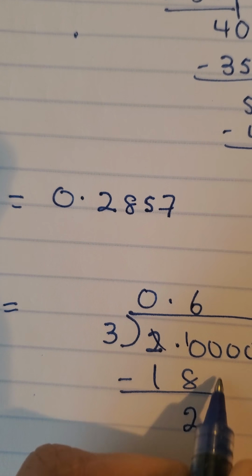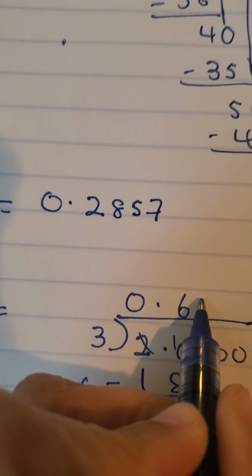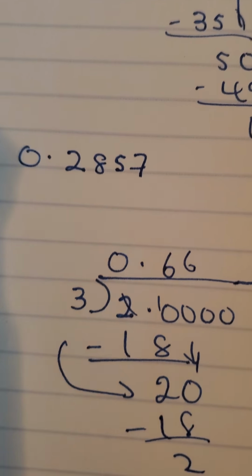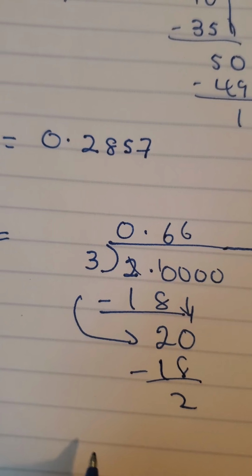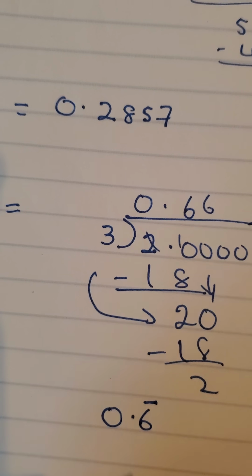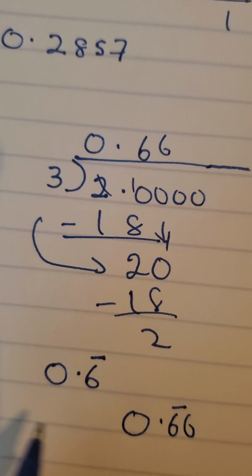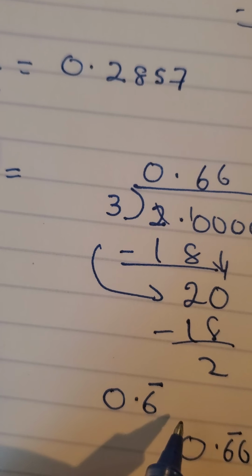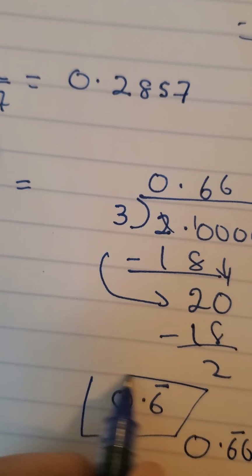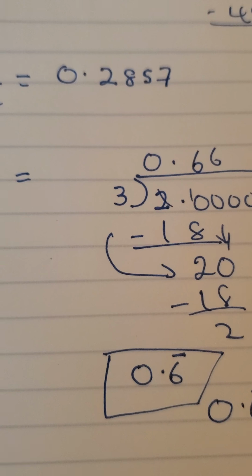When I subtract, I have a remainder of 2. See what's happening there? 6, 18. Once you recognize that this is going to be recurring, you don't have to go any further. It's going to be 0.6 bar. Don't be tempted to do 0.66 bar. That's redundant because it's 66666 all the time. The 6 is the digit that's being repeated, not 66, all right? So that's how I represent my recurring decimal.